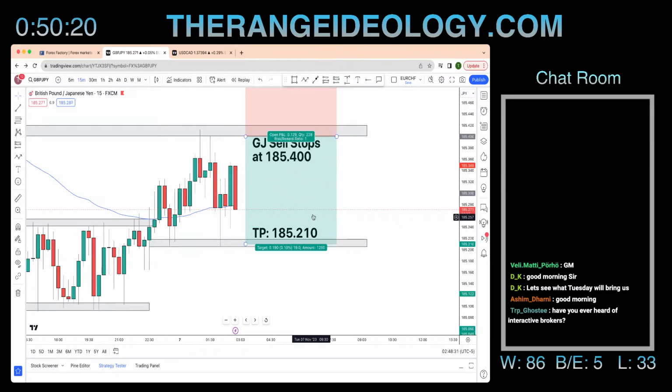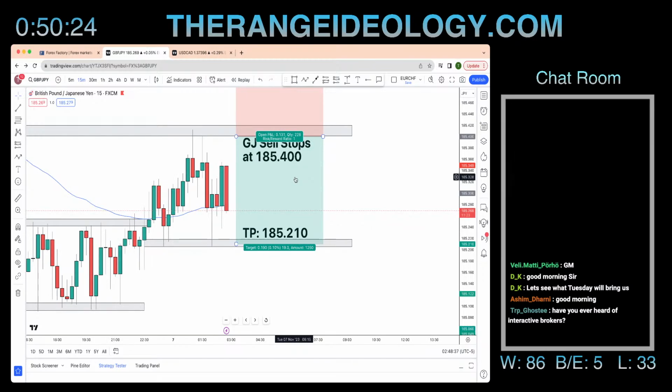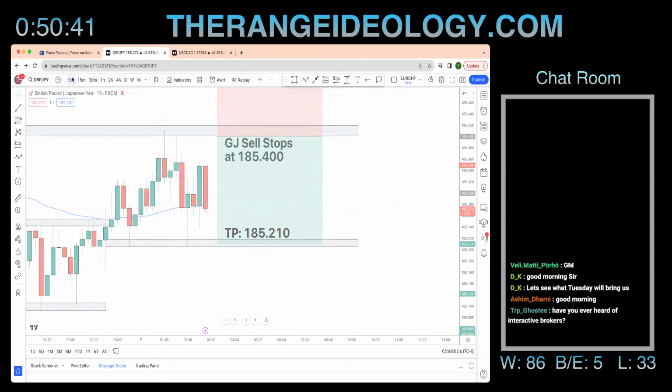I may have to switch the trade idea here quickly. Still have 12 minutes to go before London opening. It is tapping the 15-minute EMA.